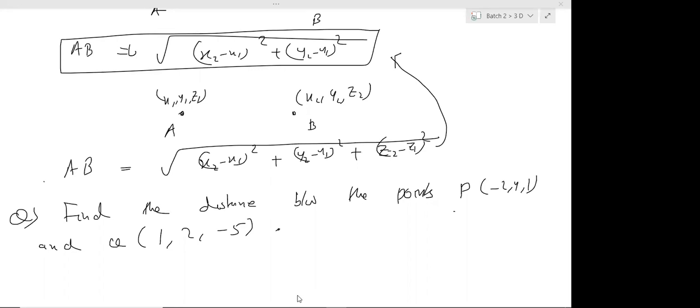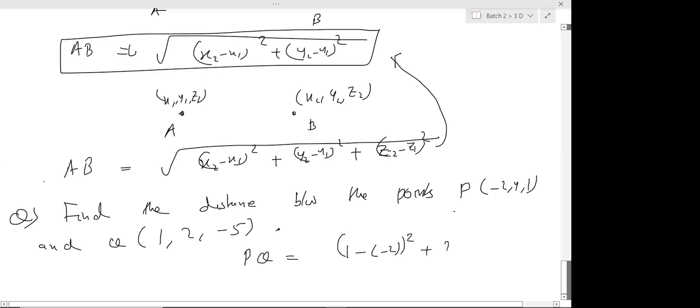Right, the answer is 7 units. How will distance PQ be? Square root of (1 minus (-2)) whole square plus (2 minus 4) whole square plus (-5 minus 1) whole square.